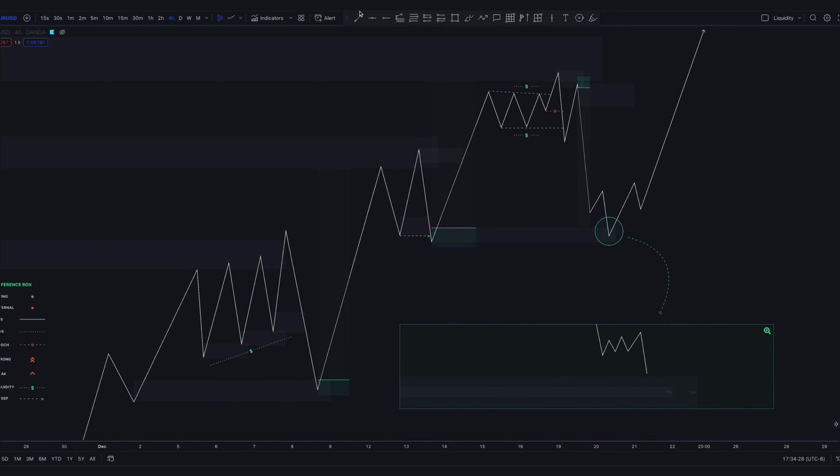You don't want to be looking for risk entries here, even though this is a high probability zone that it might hold, because we already reached the supply zone. This is so extended already that this might be the time we're going to have a deeper pullback. So even though this is a high probability zone and we are pro order flow, we already mitigated this, so we don't want to be taking risk entries here just because of that.